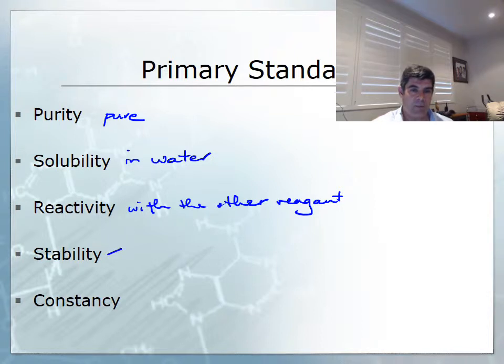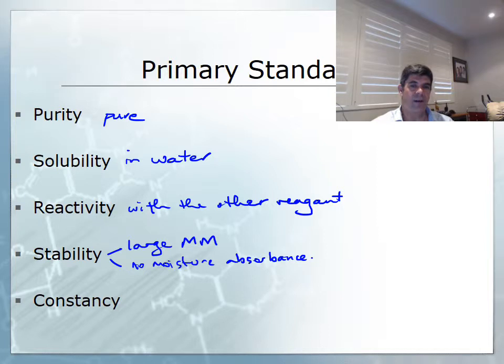It must be stable. It must have a large molar mass, because then any variations in weight will have a very small effect in terms of their percentage or proportion. But also, as with sodium hydroxide, we do not want moisture absorbance, or anything like that.